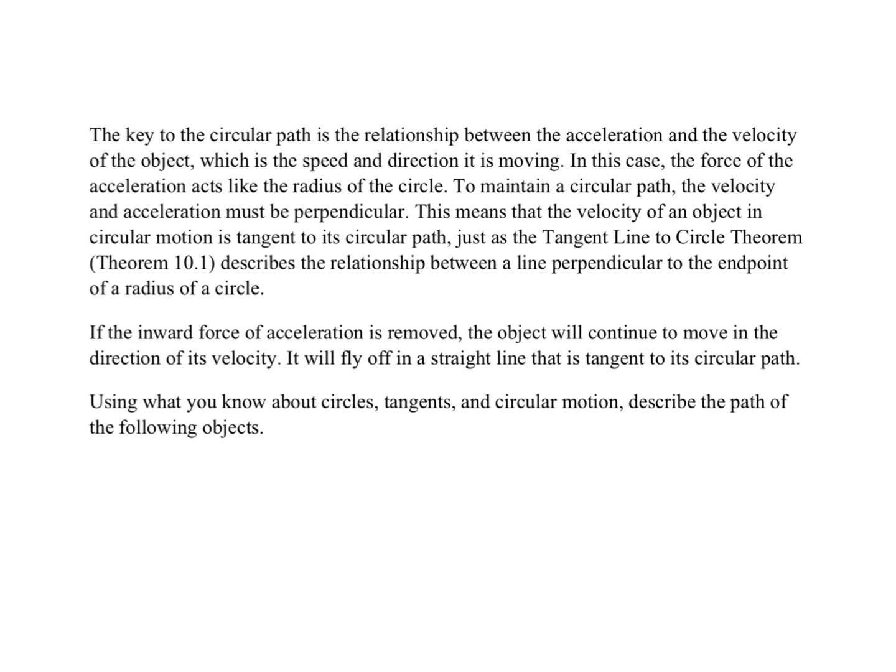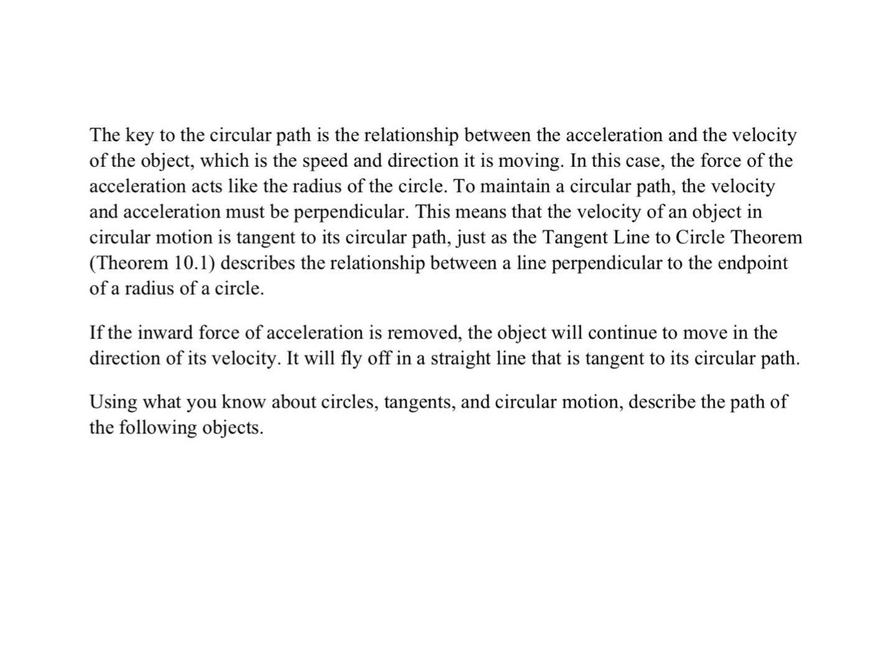Remember, a tangent line connects the circle in one point, and it also forms a right angle with a radius. So the velocity of the object's circular motion is tangent to the circular path, just as the tangent line to circle theorem, Theorem 10.1, describes the relationship between a line perpendicular to the endpoint of a radius in a circle.